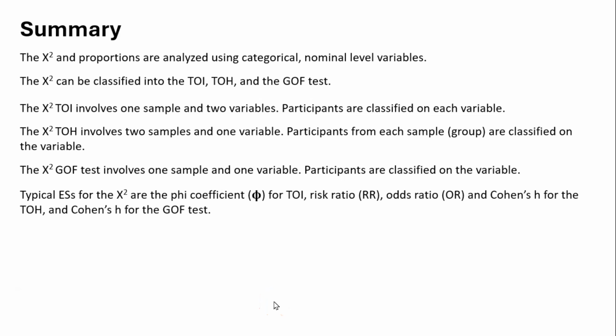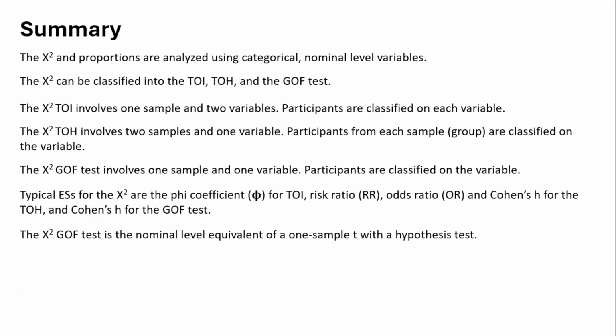Typical effect sizes for the chi-square are the phi coefficient for the test of independence, risk ratio, odds ratio, and Cohen's h for the test of homogeneity, and Cohen's h for the goodness of fit test. The chi-square goodness of fit test is the nominal level equivalent of a 1-sample t-test with a hypothesis test.